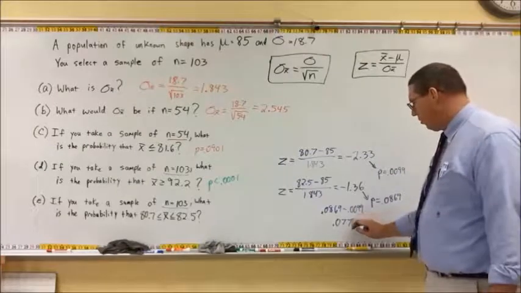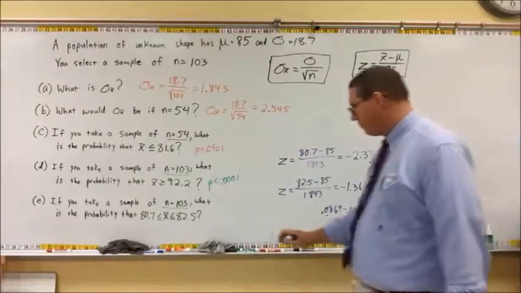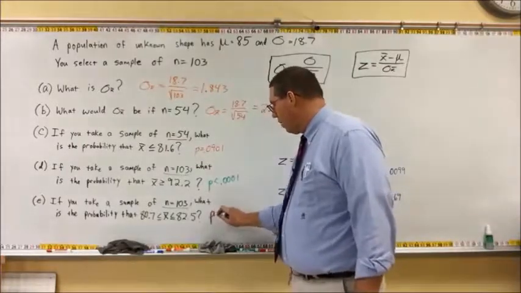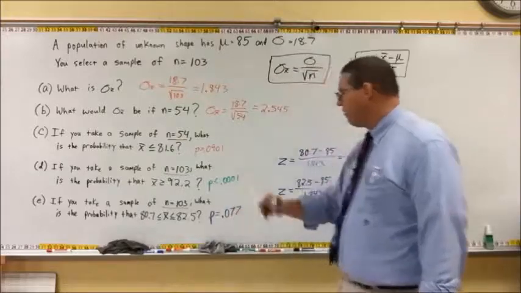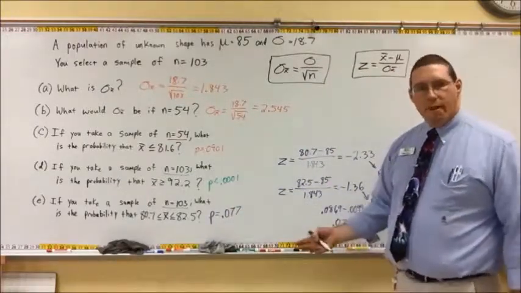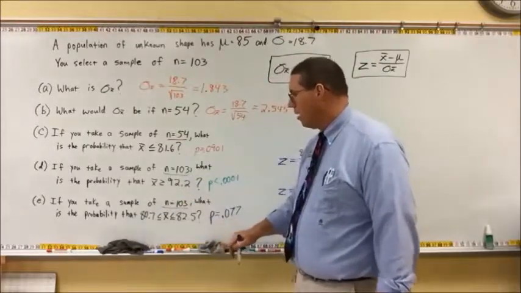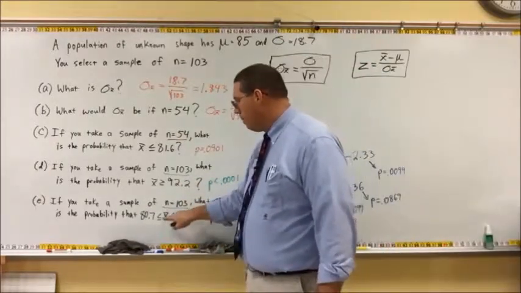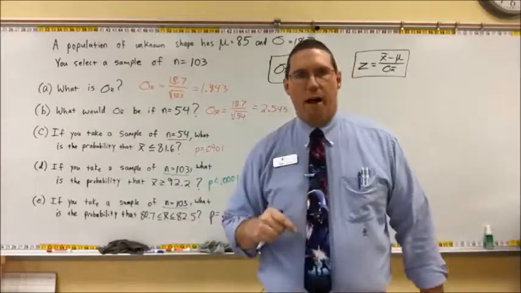And if you wanted four decimal places, you could put a 0 on the end, 0.0770, but we'll just leave it as 0.077. And that means that our probability is 0.077. That's 7.7%. There is a 7.7% chance that when you take a sample of 103, the sample mean will be between 80.7 and 82.5.